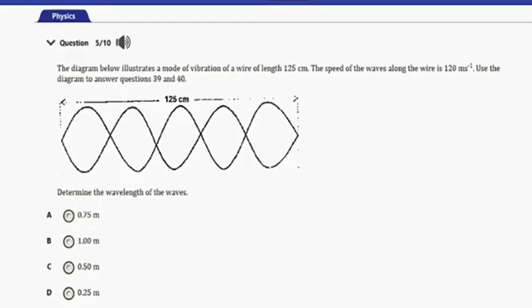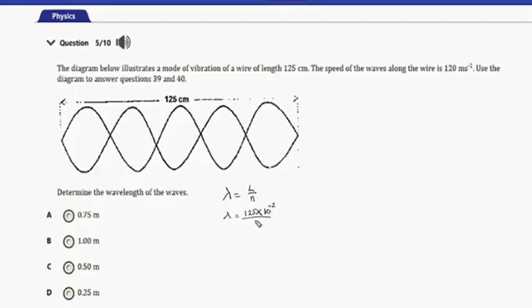Alright, so in order for us to determine the wavelength here, we have to recall that wavelength lambda is actually the length here over the number of complete oscillations. So guys, 125 cm here is actually going to be converted to meters since all the answers here are in meters.